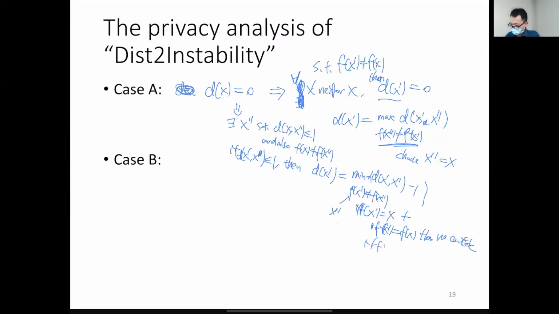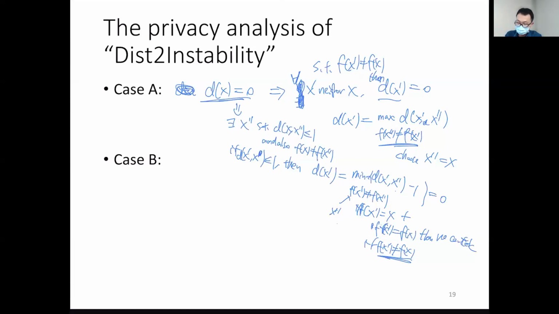And if f of x' is not equal to f of x, then that itself has already indicated that this d of x' is equal to 0. Right. So when x has a distance to instability value of 0, then for any neighbors of x, it is also 0.